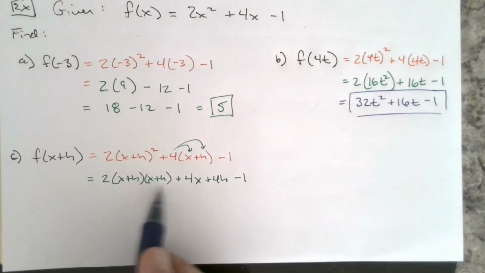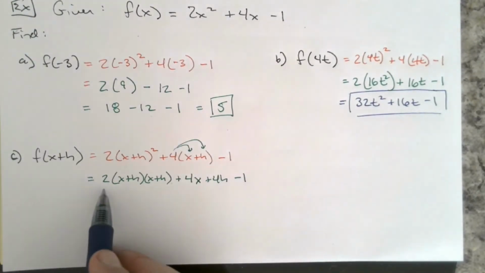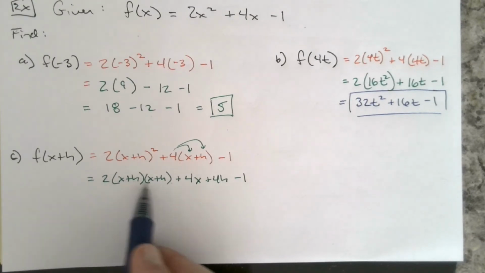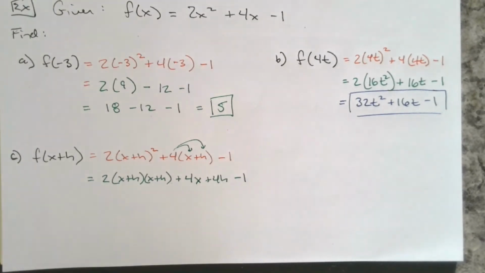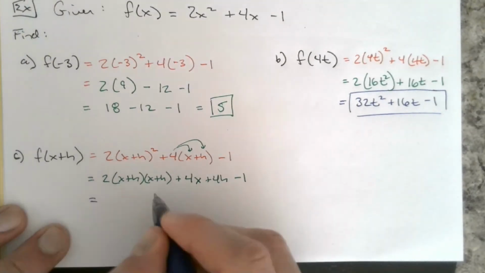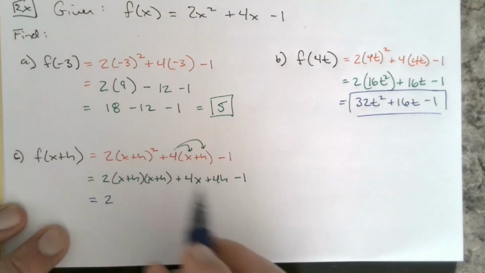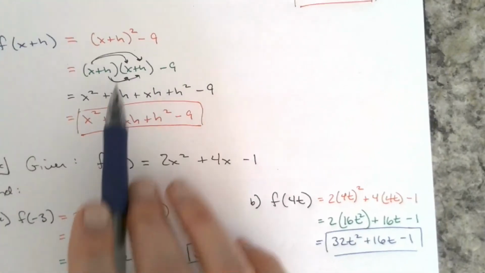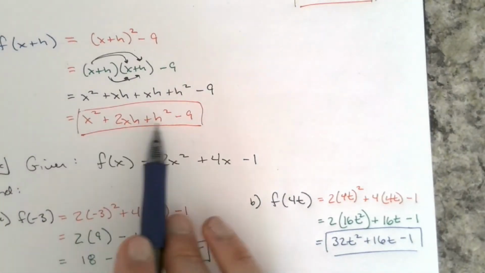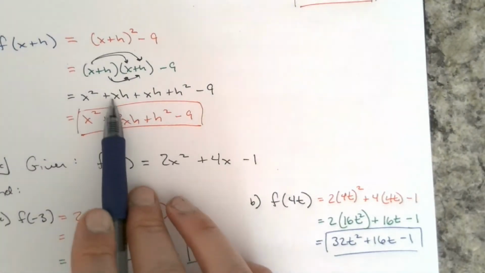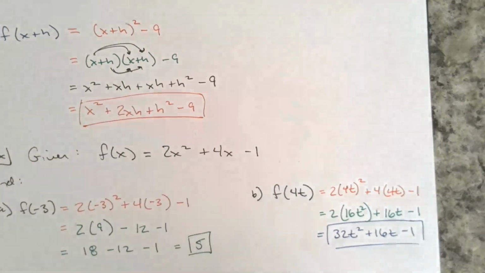To multiply this together, you could do it in any order you wanted. I typically would multiply the two things that I was FOILing first and then distribute the 2 through after that. If you remember from earlier, x plus h times x plus h ends up being x squared plus 2xh plus h squared. It really comes from those middle terms of FOIL adding together.